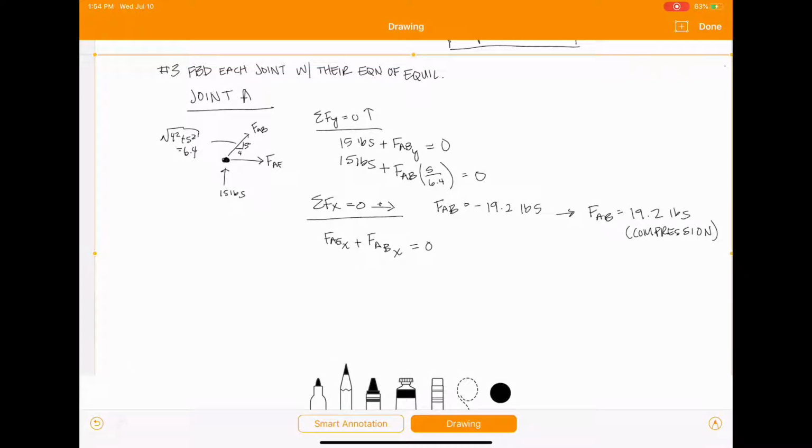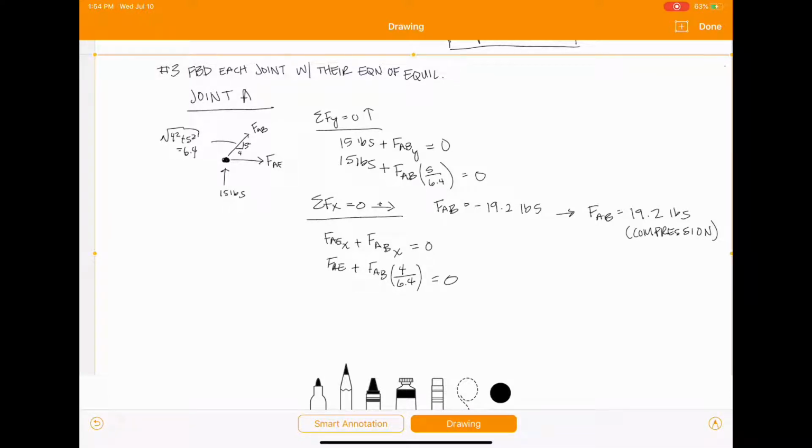FAE is all X component, so we can go FAE plus FABX is now going to be FAB times the ratio 4, which is the horizontal part of that slope, all over 6.4, which is the hypotenuse, equals 0.